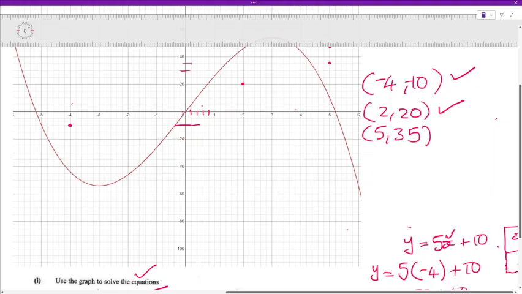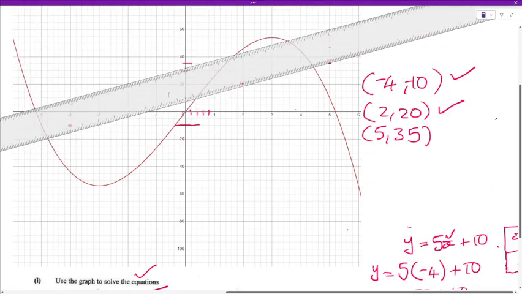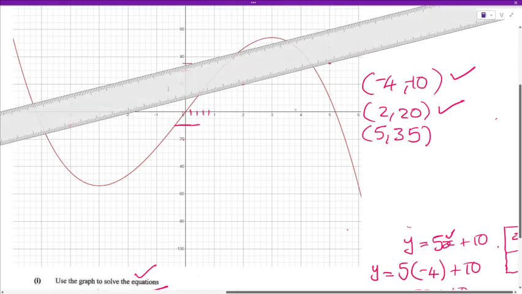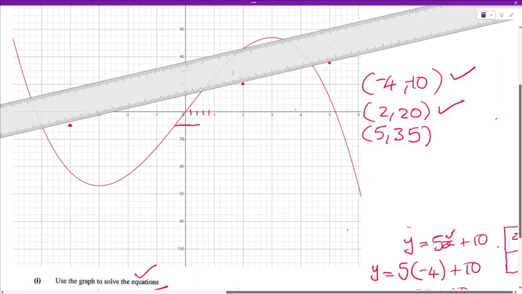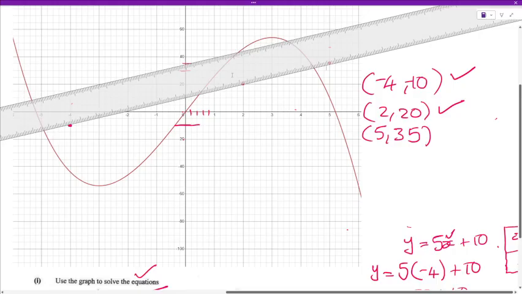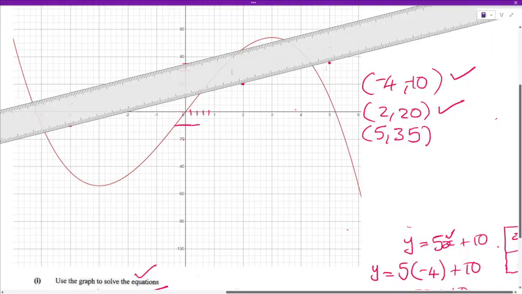Okay, now let us check if we did the right thing. These 3 points should be in a straight line. Let us test. Are they in a straight line? Let's try to turn the ruler a little to check. Let's move it a bit to the left.